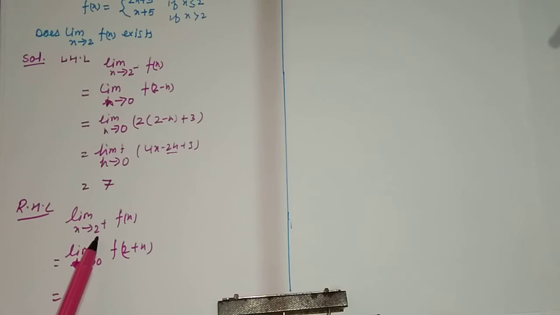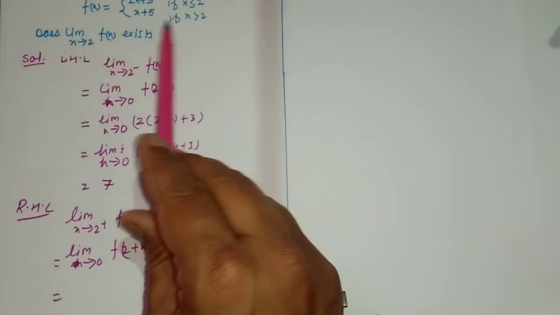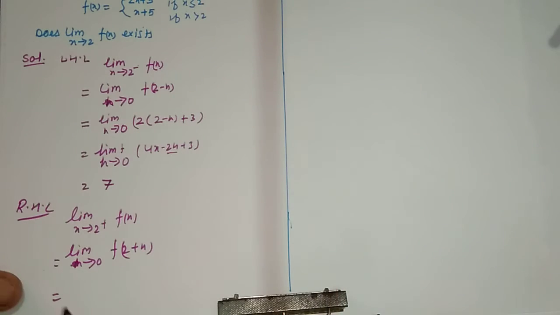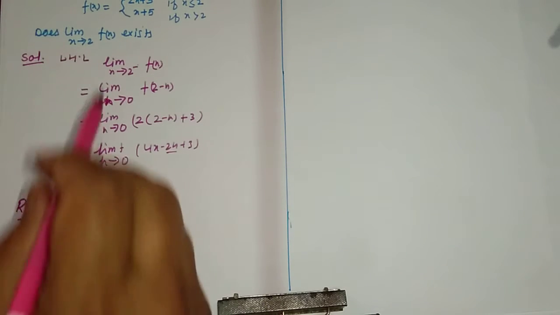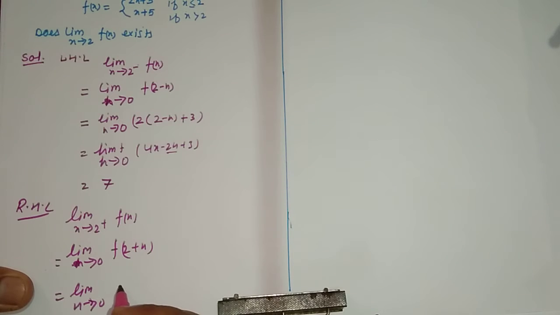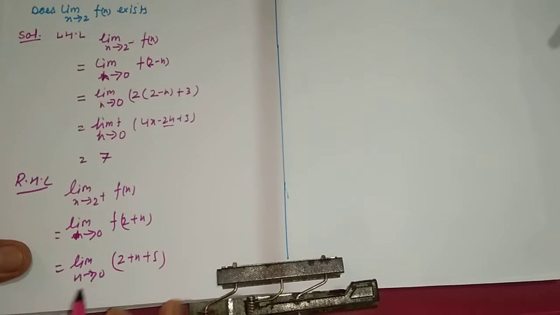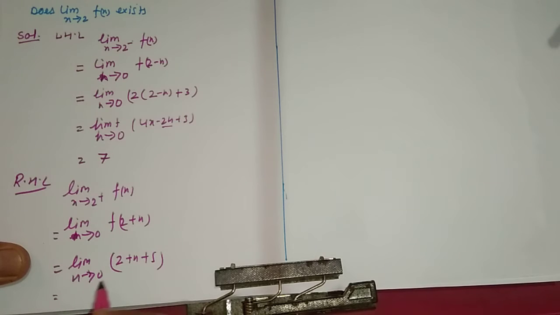Our value is greater than 2, so for values greater than 2, which function is it? x plus 5. So choose x plus 5. Limit h tends to 0, and for the function we have 2 plus h plus 5. Again we get 7.